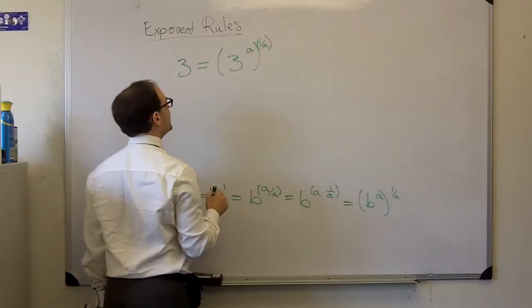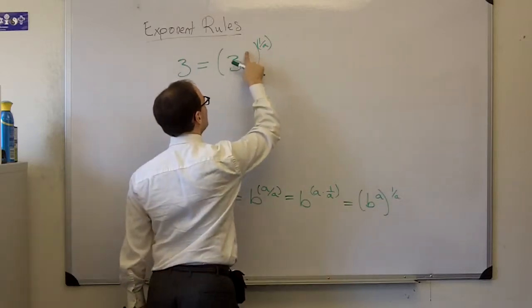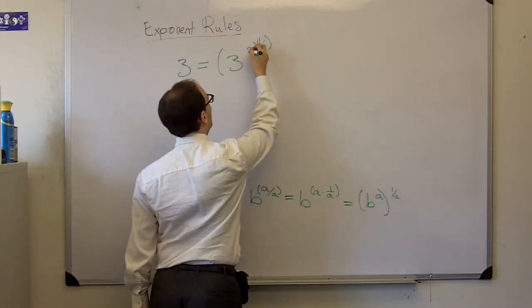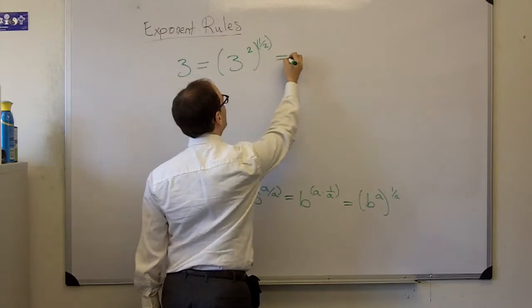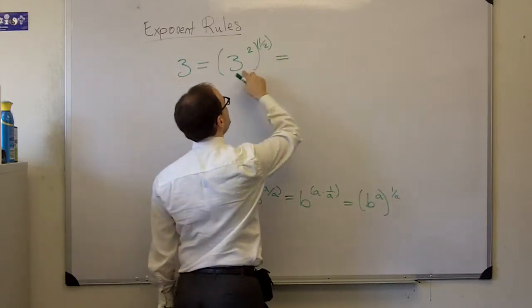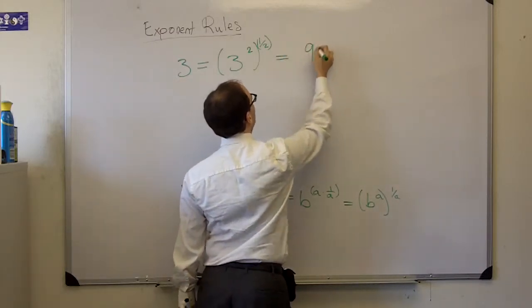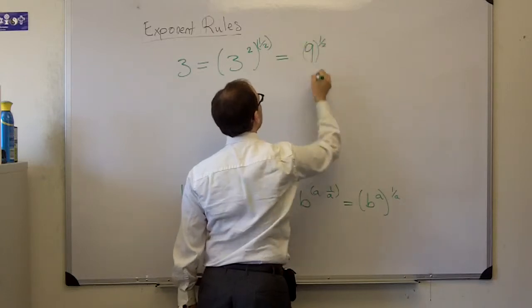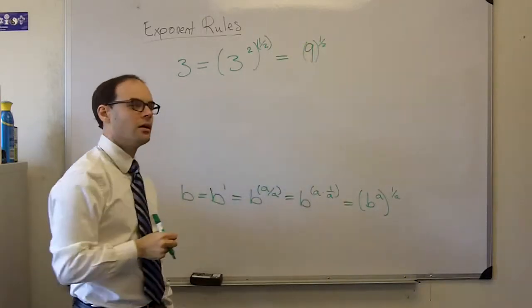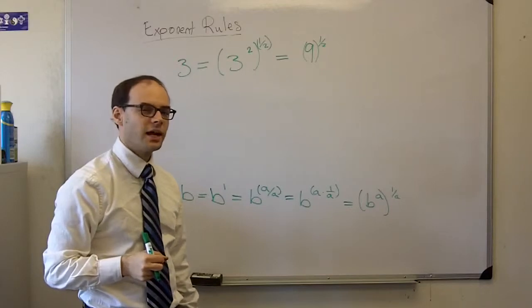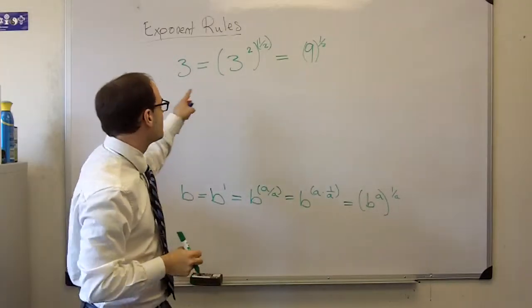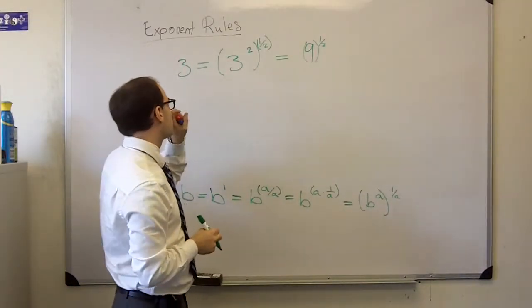Now, let's put a in there as some number we know. Well, this is 3 squared. What's 3 squared? That's 9. So 9 to the 1/2 power is 3. Now, what is that saying? That's saying that 9 to the 1/2 power gives me 3.